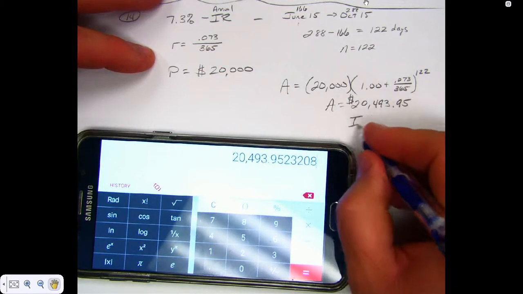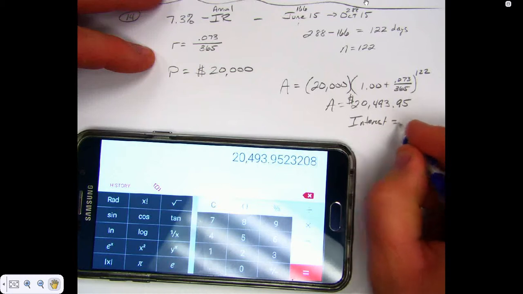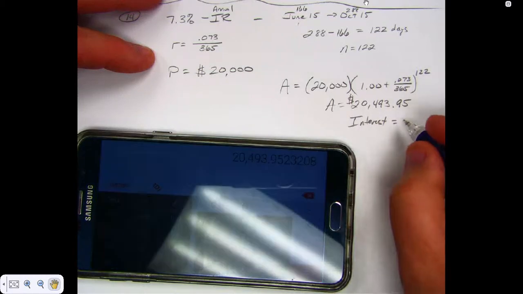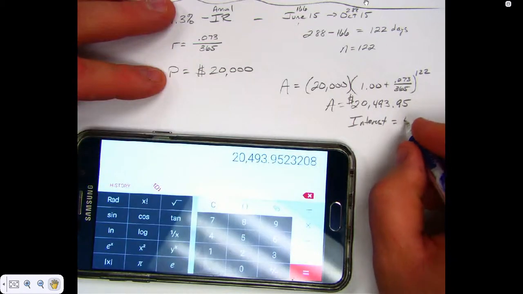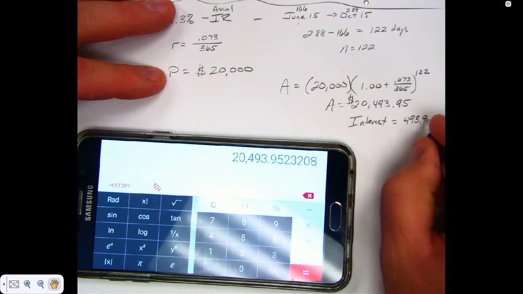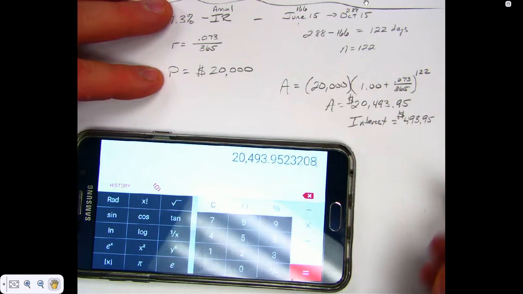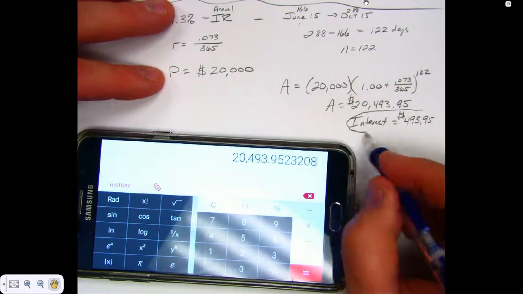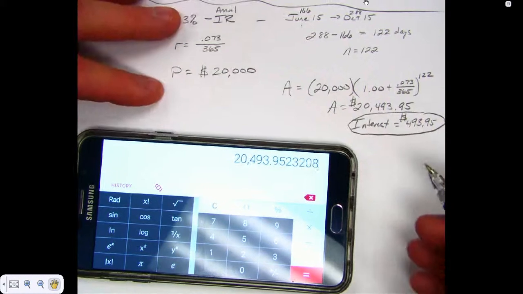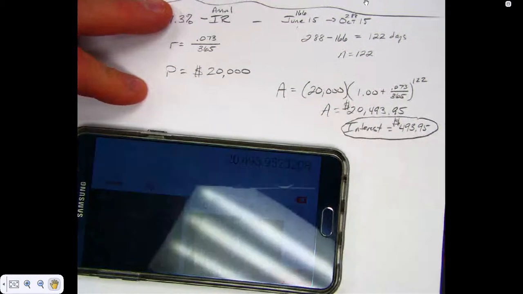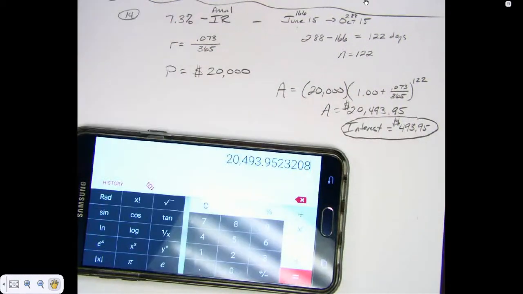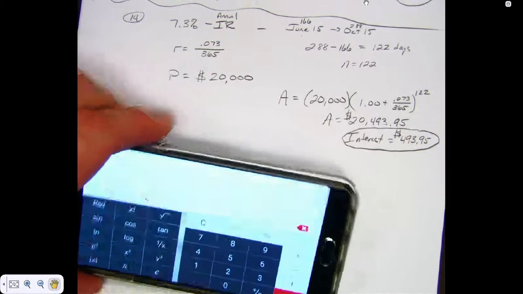So what was our interest? How much did we make? We started with $20,000, so we made $493.95 in 122 days. That's not too bad, is it? Now, granted, you had $20,000 in there too. You had a big chunk of change in there. But as things compound daily, you can make more money.